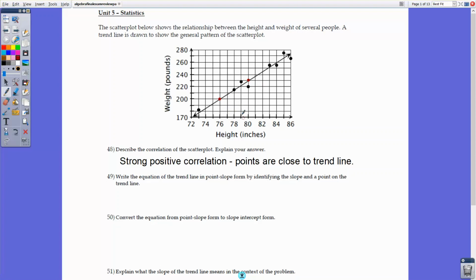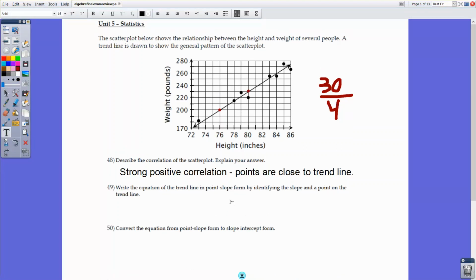The change in x is 4, so that's our 4 on the bottom, and the change in y is from 200 to 230, so it's 30 over 4. 30 over 4 is 7.5, so the slope is 7.5. Then we pick a point on the trend line, either of the points we just identified, so we'll use y minus 200 equals 7.5 times x minus 76, and that is our equation. They want it in point-slope form, so we can leave it just like that.